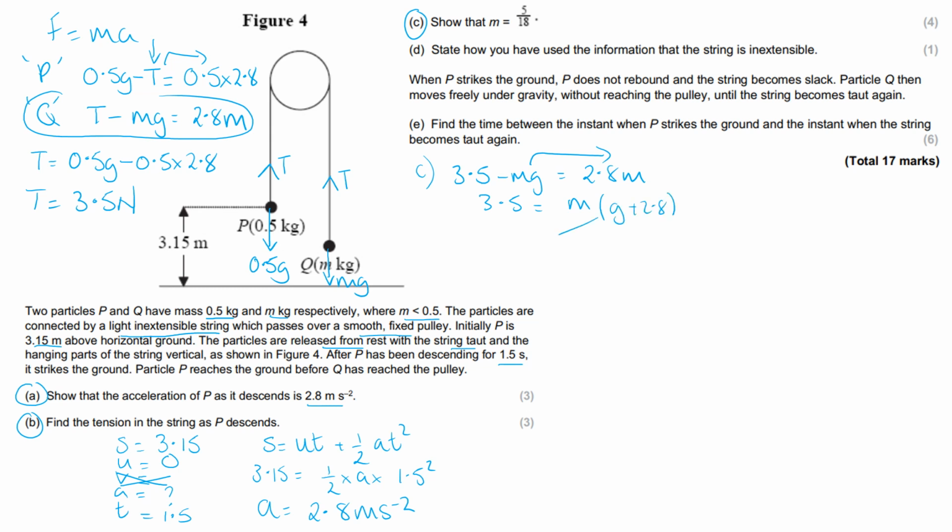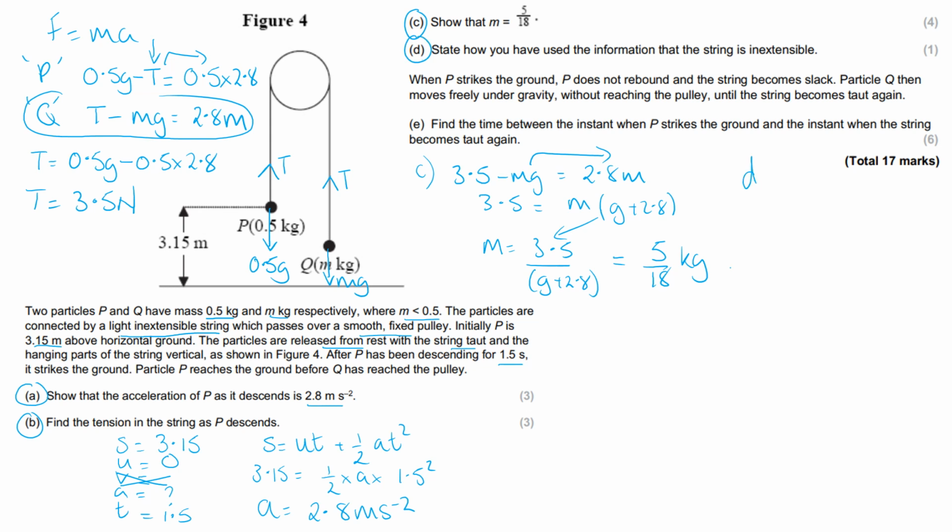And then just cross multiply, we'll get that m is 3.5 divided by our g plus 2.8. g is our 9.8, and if you do 3.5 divided by the g plus the 2.8, we'll get that m comes out to be 5/18, and that will be in kilograms.